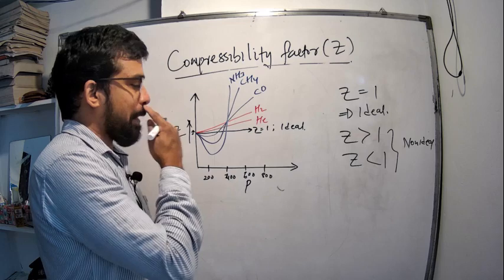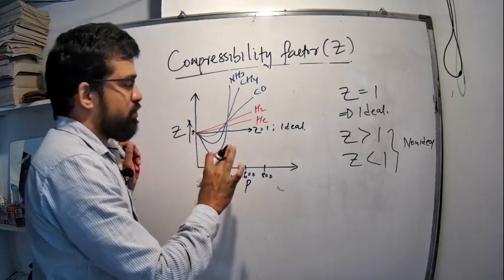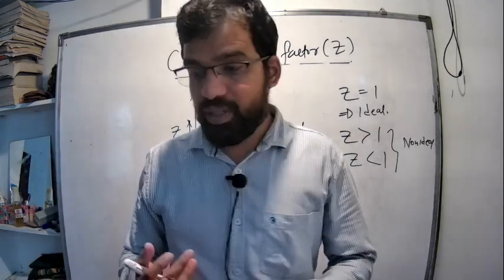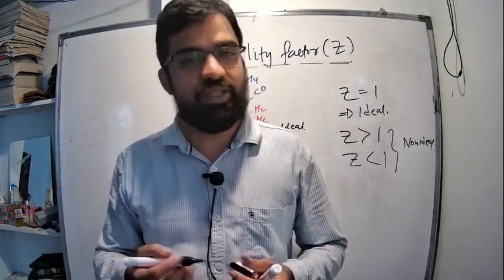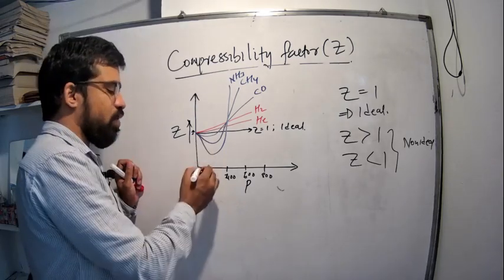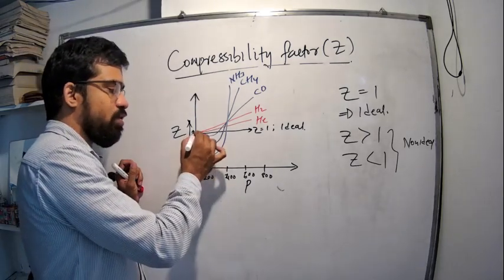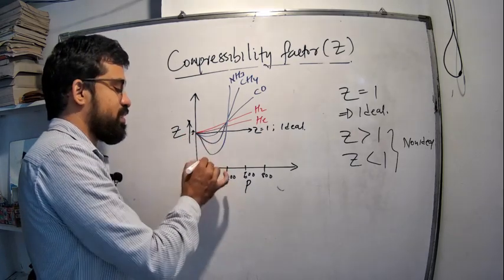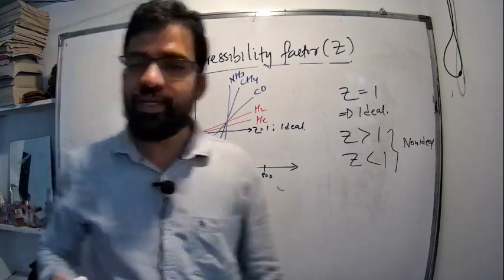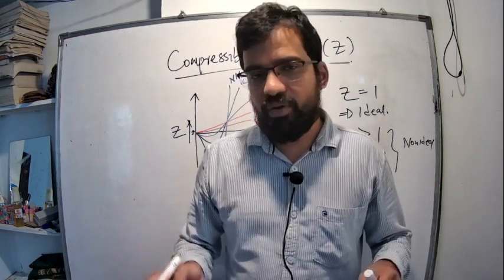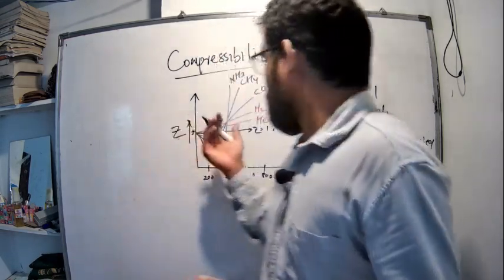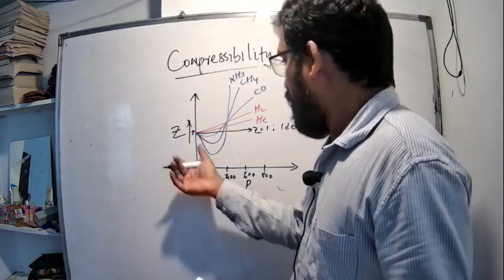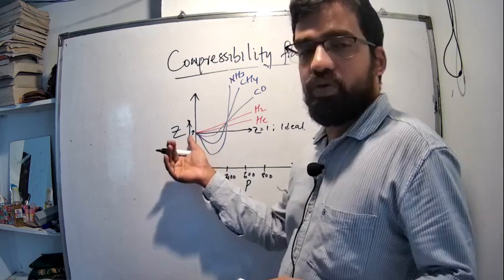What happened? At very low pressure, all gases, such as ammonia, carbon monoxide, H2 and so on, have Z very close to 1.